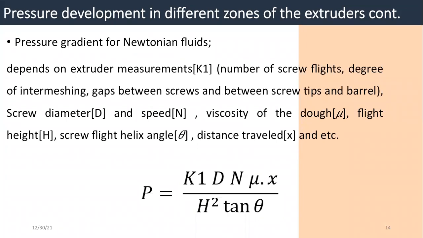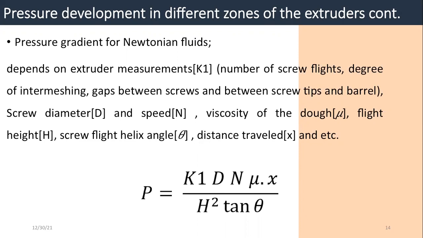Then pressure gradient, you can calculate the pressure gradient by using this equation. It is based on the number of screw flights, degree of intermeshing, gaps between screws, and likewise the viscosity of the dough, flight height, screw diameter. You can identify the factors which affect the pressure gradient.